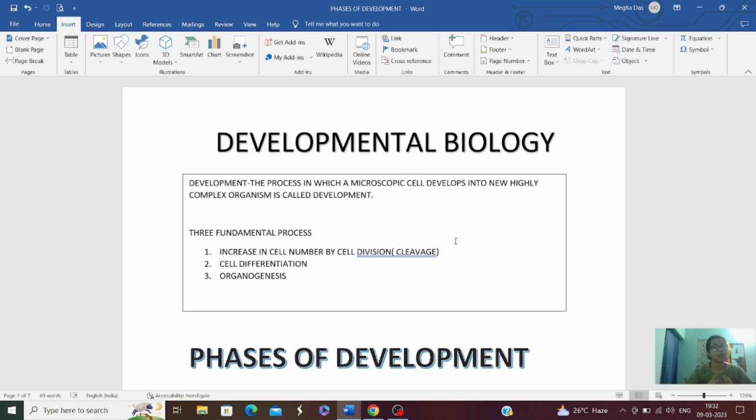Every living organism starts its life from a single cell, and then it multiplies to become a complex organism that is highly complex and multicellular in structure. So the process in which a single microscopic cell develops into a highly complex multicellular organism is known as development.